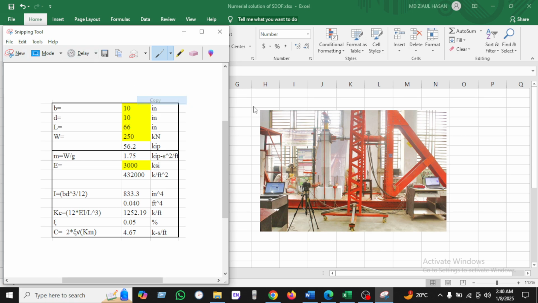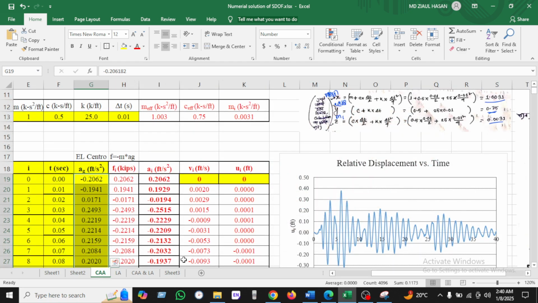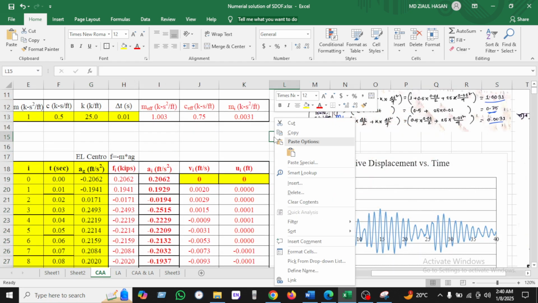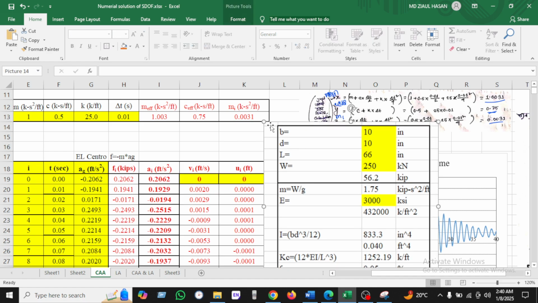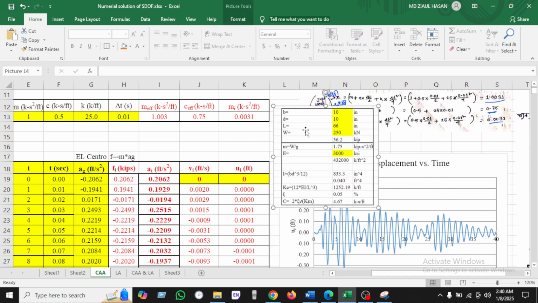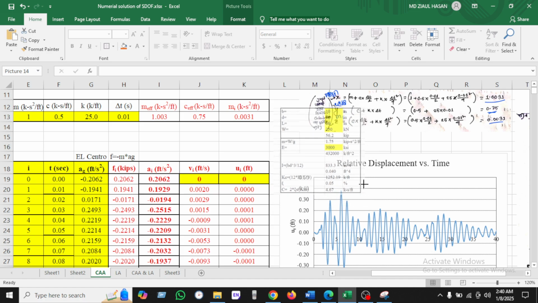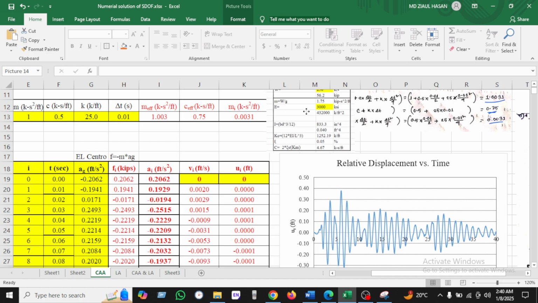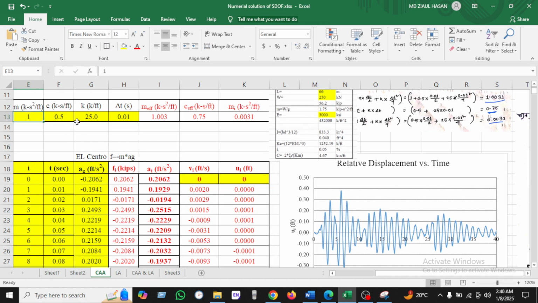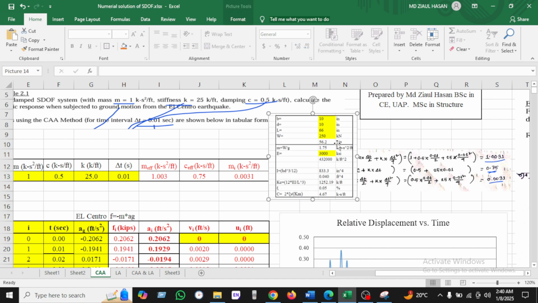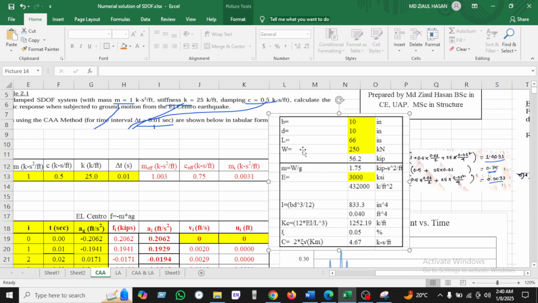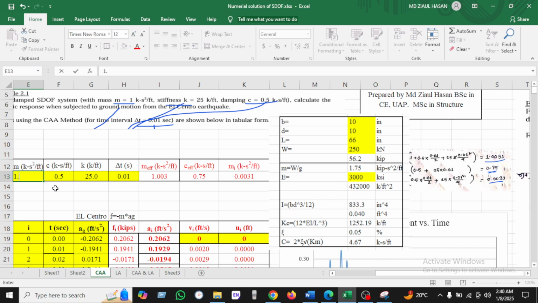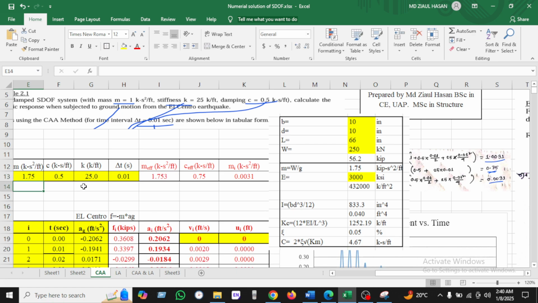If we put these values into the constant average acceleration method, now we'll see what will happen. So what major change? The m will be 1.75, so the effective m has changed, and all the other parameters have also changed.